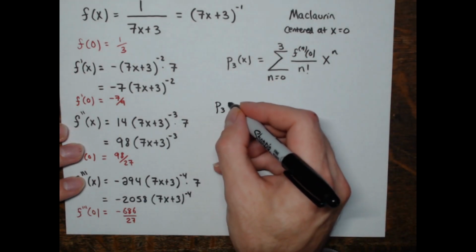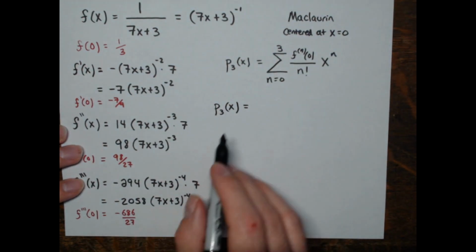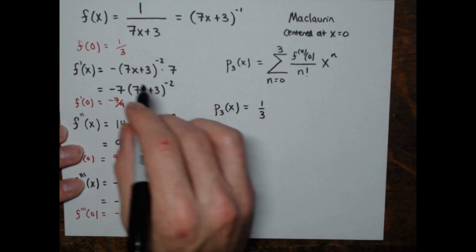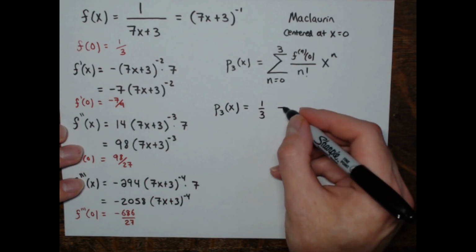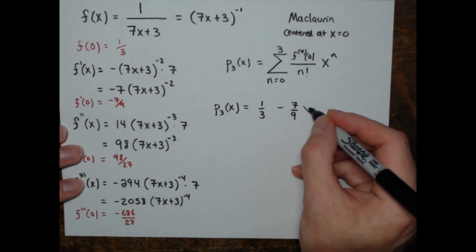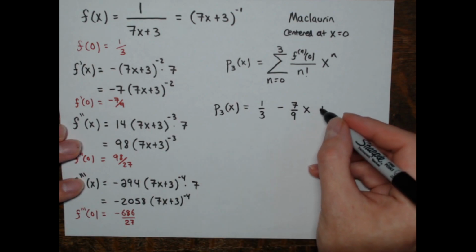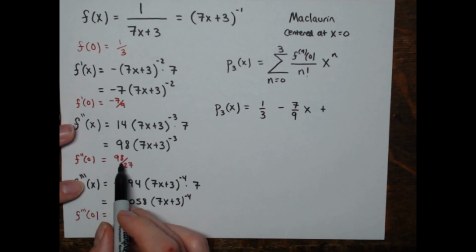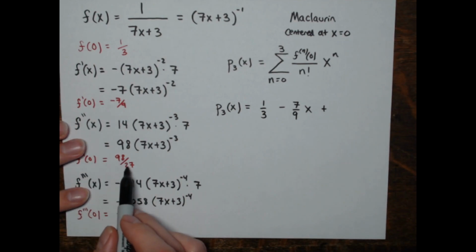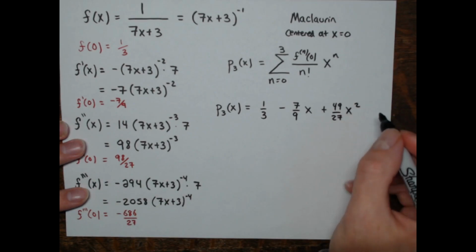So this third Maclaurin polynomial, to approximate the value of this function near 0, is 1/3, that's f of 0. Then plus f prime at 0 divided by 1 factorial, so just minus 7/9 times x. Then plus 98 divided by 2 is 49, so that's 49/27 x squared.